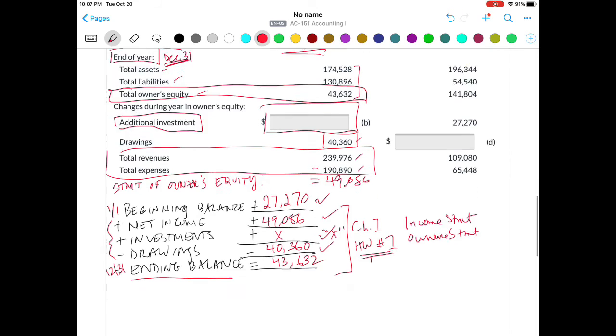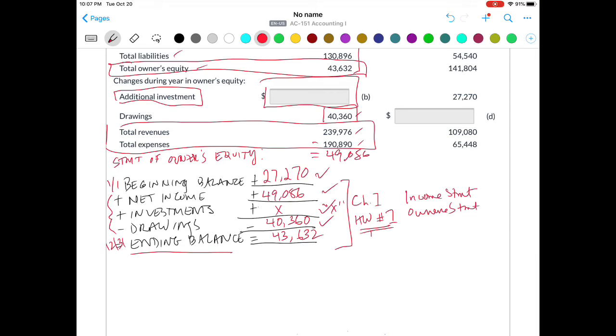So now what we want to do is solve for X. Well, what we can do is take this entire computation and just put it on its side. Beginning balance plus net income plus investments minus drawings equals ending balance. Okay, we've basically taken the statement of owner's equity and just tilted it on its side.